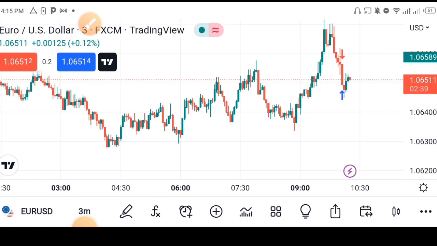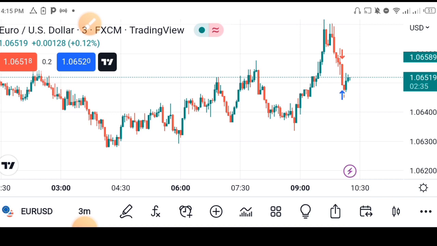We have the channel support and resistance, and the range support and resistance, or vertical method. For these you can use a trend line tool, vertical line tools, or your rectangular tool to map it out.